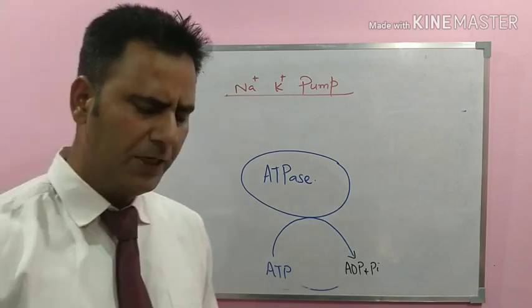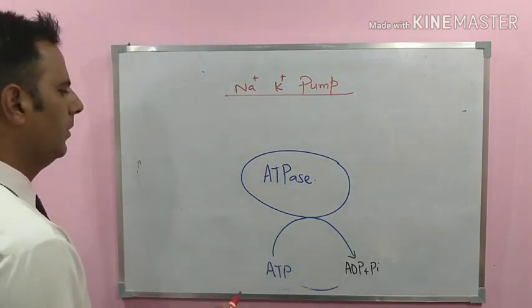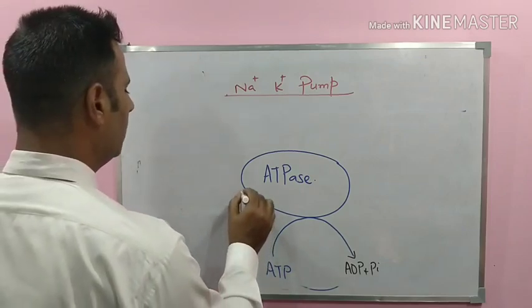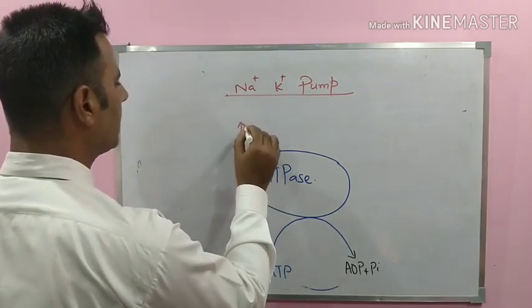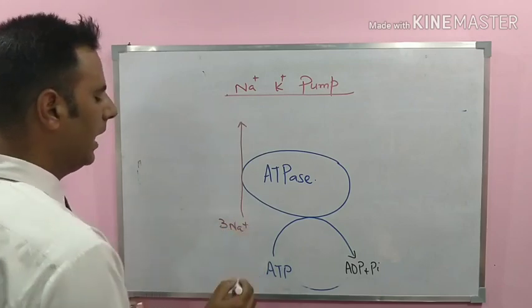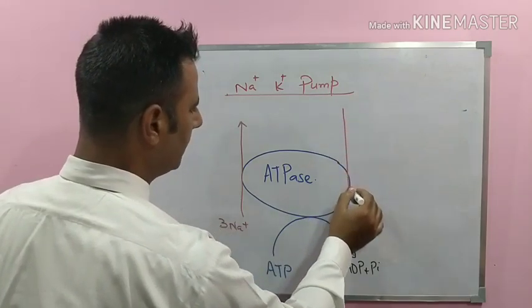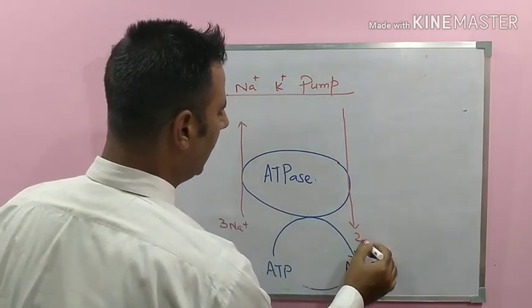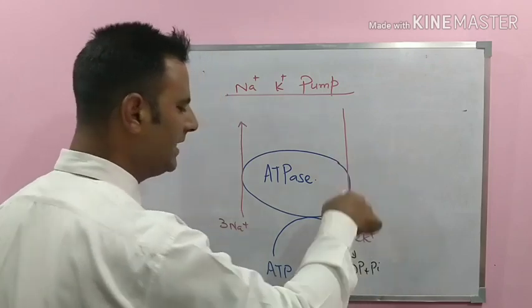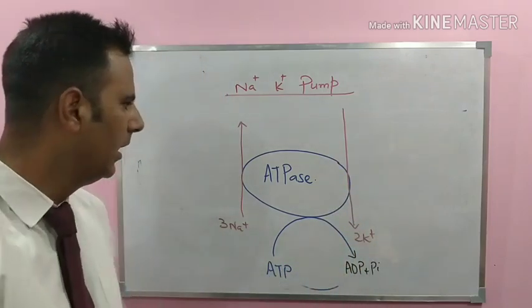The sodium potassium pump is operational in cells, and in this pump, what is going to happen? 3 sodium ions are pumped out of the cell, and at the same time 2 potassium ions are pushed inside the cell. We can say it in this way.